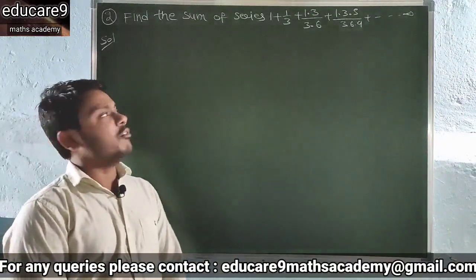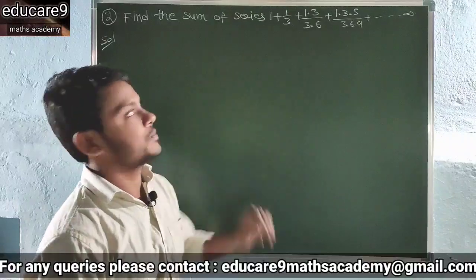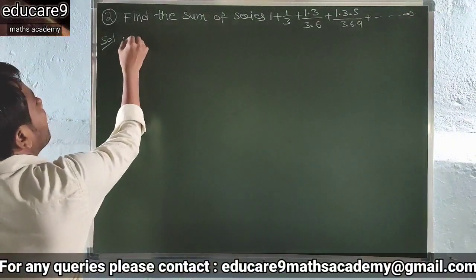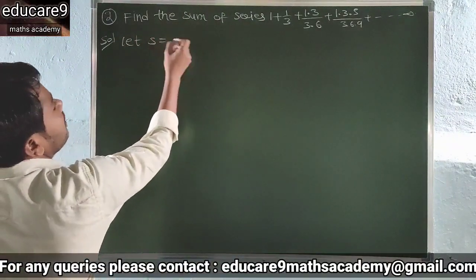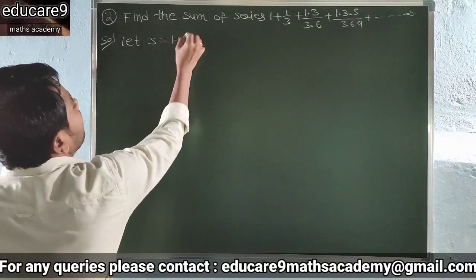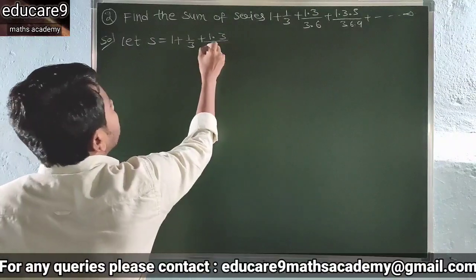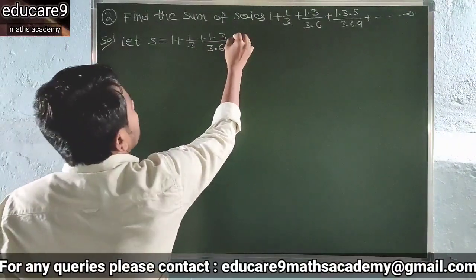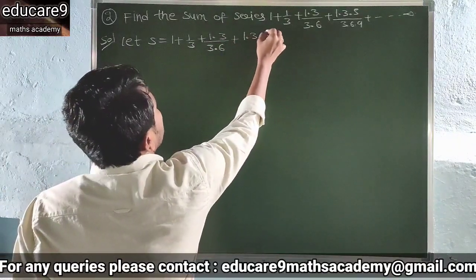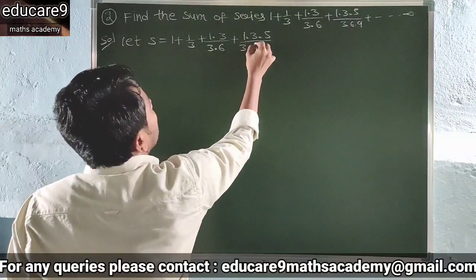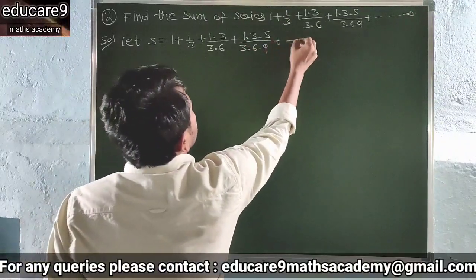So see here, next one: find the sum of this series. First, let S be equal to the given series. So what is that? 1 plus 1 by 3 plus 1 into 3 by 3 into 6 plus 1 into 3 into 5 by 3 into 6 into 9 and so on.